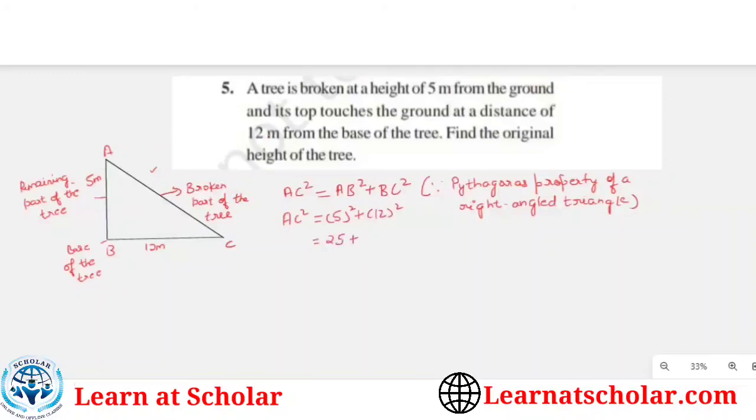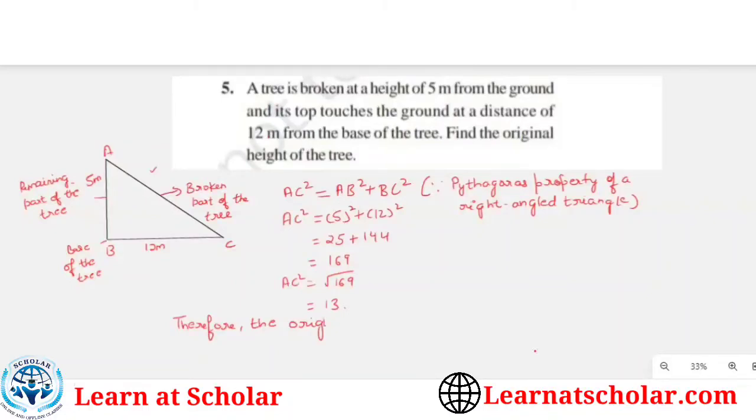AC square is equal to 5 square plus 12 square, which is equal to 169. The value of AC is equal to 13. That is the broken part of the tree.